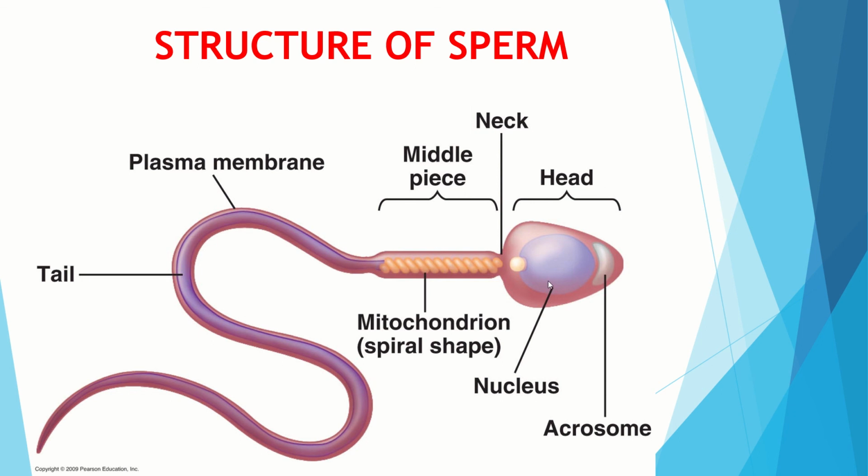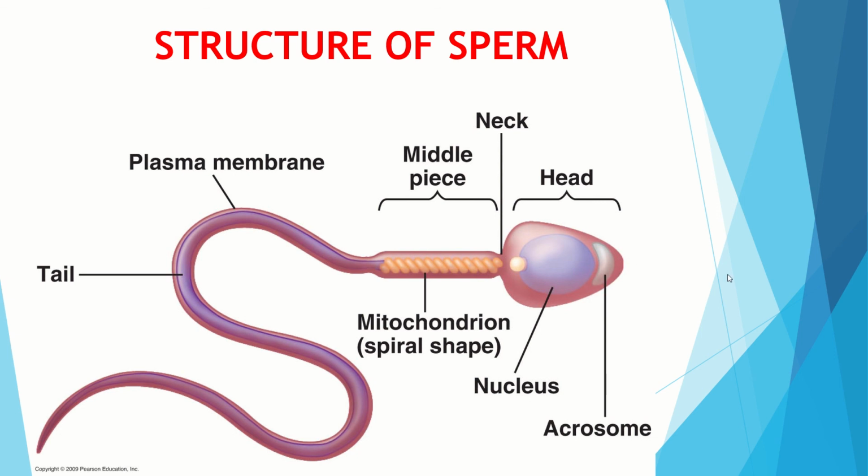The head part consists of 2 things: one is the nucleus and the other is called the acrosome. Do you know what the acrosome is? The acrosome is formed by Golgi bodies. You learned about the Golgi body while studying animal cells and plant cells. That Golgi body forms the acrosome. As already said, this is the spermiolysin.